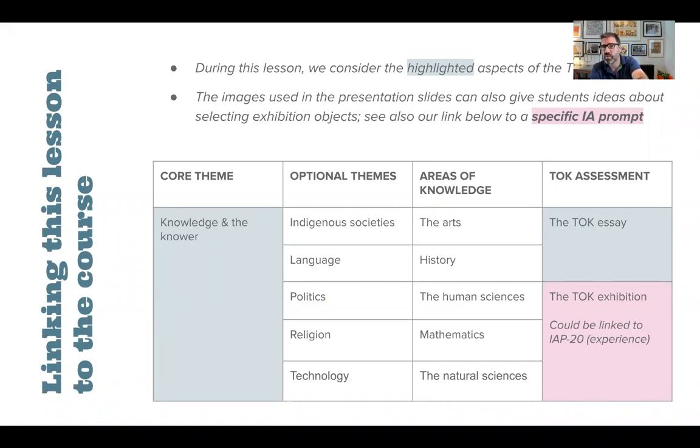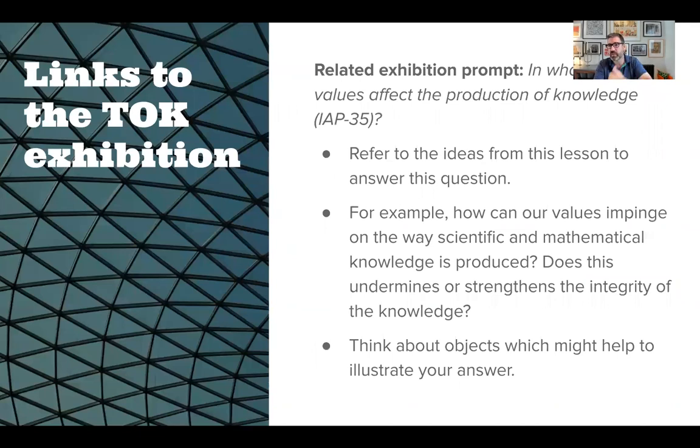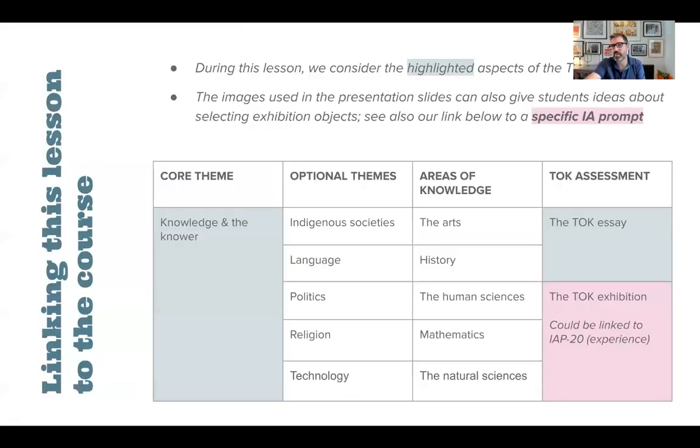I give one or two or sometimes three recommendations of IA prompts that link to that lesson. So they get that slide here, first of all, giving them detailed links to the IA prompts, and then they get a few more suggestions, which you could maybe help them with, or which they can look at themselves. And again, they can consult later on in the course when everything is added to Google Classroom.